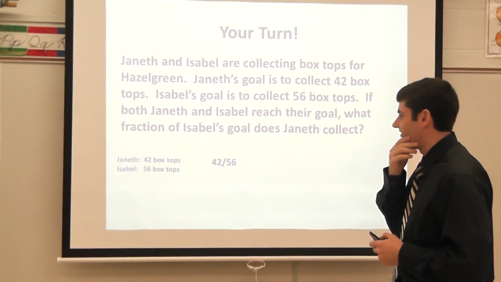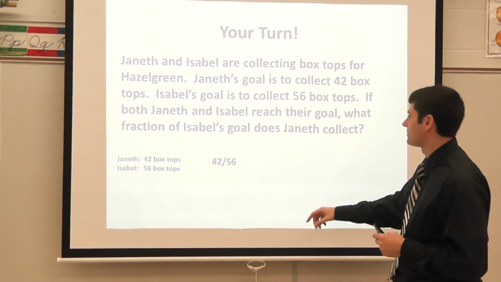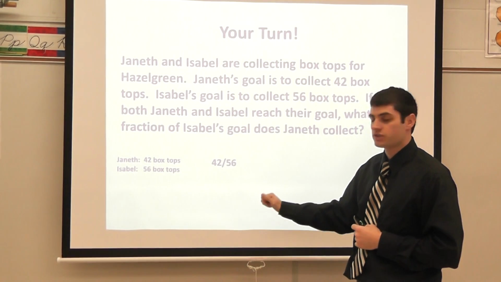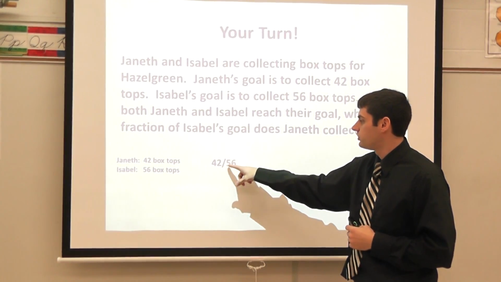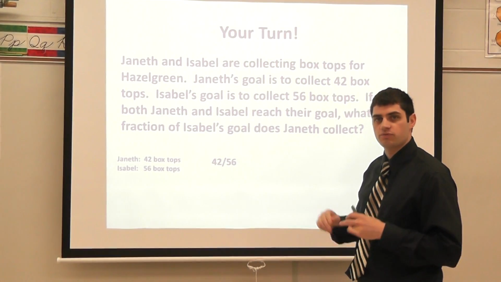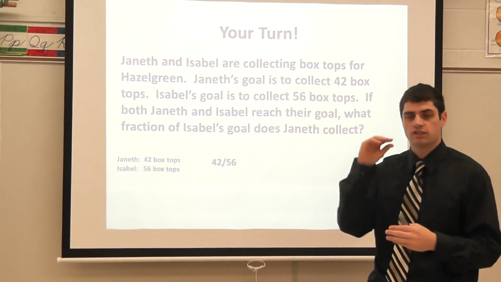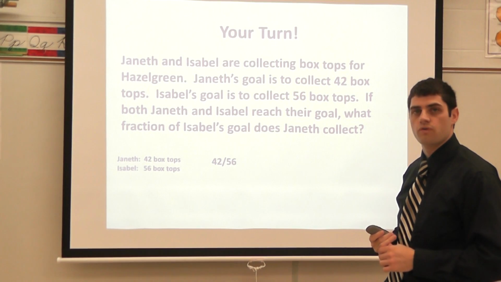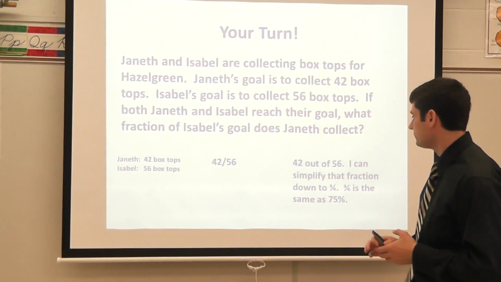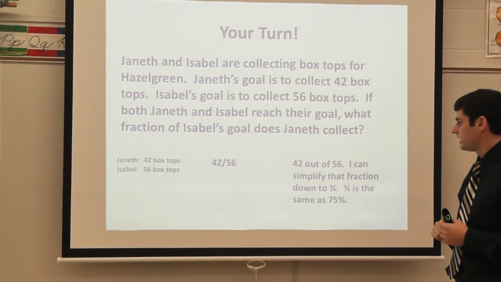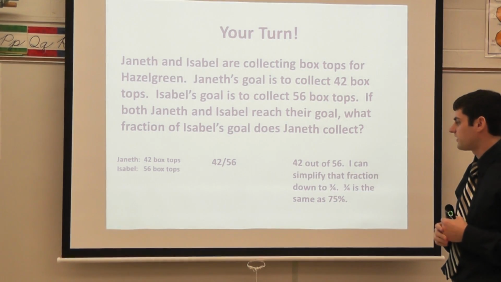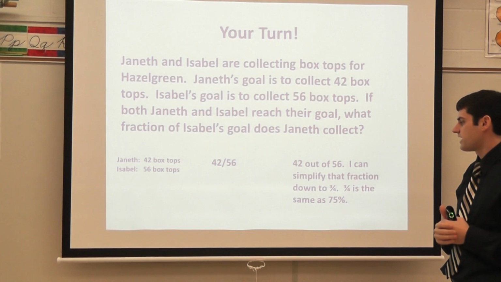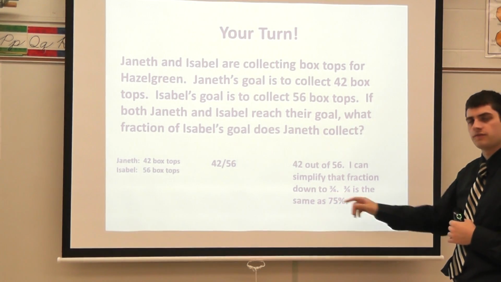Well, I know that Janet collected 42 box tops and Isabel collected 56, so it would be 42 of 56. That's what Janet did. That would be the fraction. She collected 42 and Isabel collected 56, so it's 42 over 56. Another way I could look at it is that 42 is out of 56 were collected by Janet. You can simplify that fraction down to 3/4 if I were to divide that out.